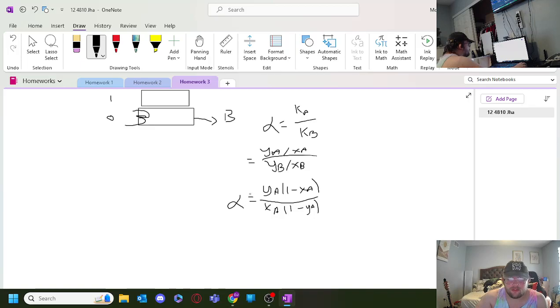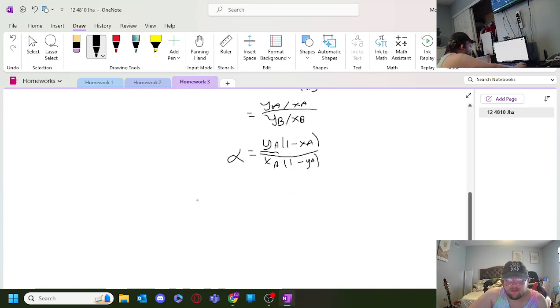Then on the left side, we still have our alpha. Now, from here, what we're going to do is solve for YA. So, multiply by the bottom, got alpha XA multiplied by 1 minus YA, equal to our vapor mole fraction of A, multiplied by 1 minus the liquid mole fraction of A.